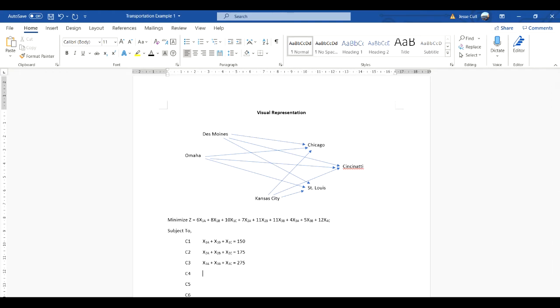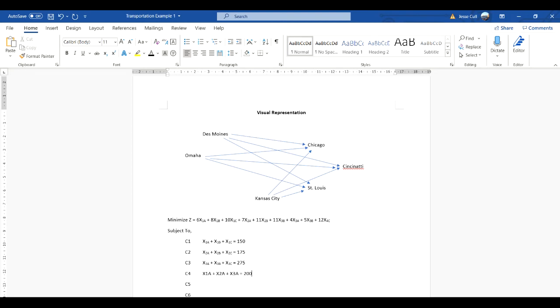We're going to do something similar for constraint number 4. We see here for constraint number 4 that Chicago demands 200. So everything shipped to Chicago, which is X1A plus X2A plus X3A must equal 200.